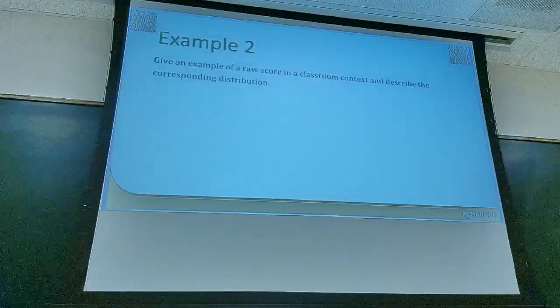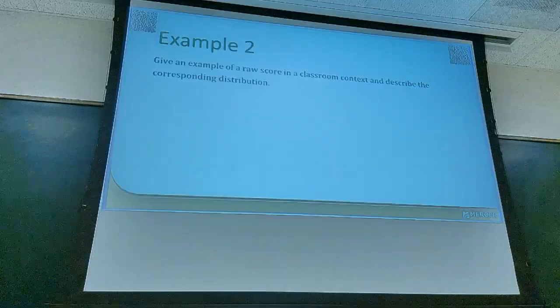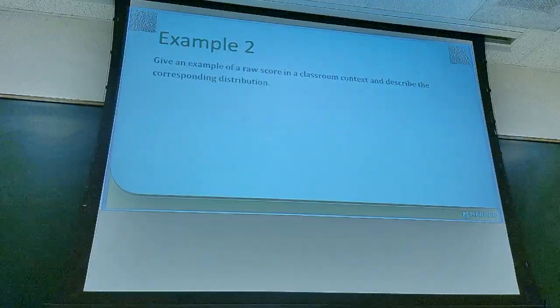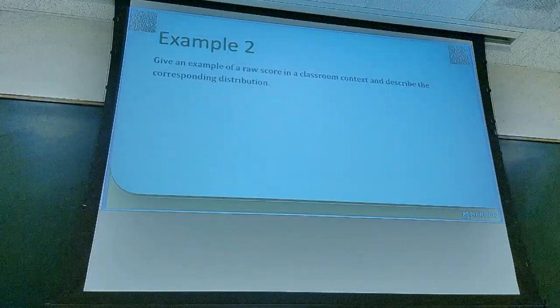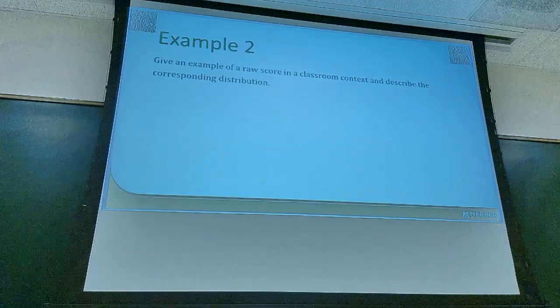Give an example of a raw score in a classroom context, and then describe the corresponding distribution. I actually gave an example already. Quiz scores. Test score, a raw score.